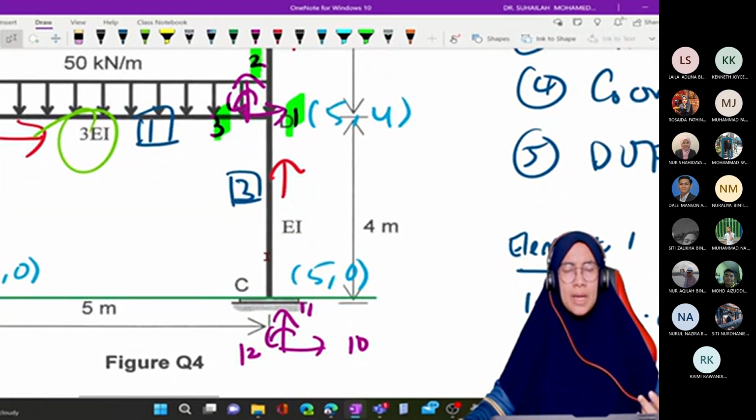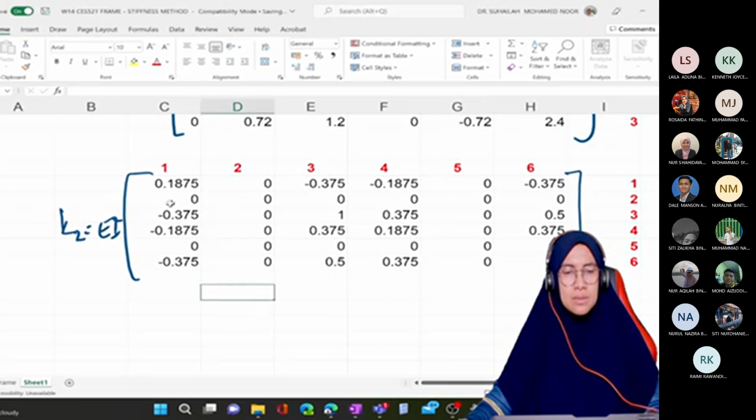Labeling for K3 will be 10, 11, 12, 1, 2, 3 because we base on the arrow. We label starting from near. Near is 10, 11, 12, 1, 2, 3.